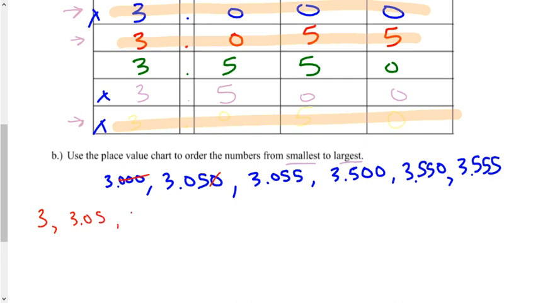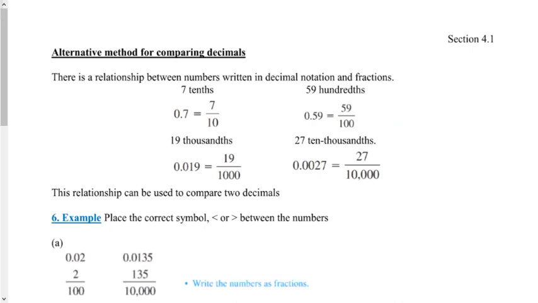Then that one comes next, nothing to scratch out there because there are no zeros on the back end. Oh, we've got to get rid of both of those, so that'll be 3.5 next. We have a 0 there to get rid of, so that's 3.55, and then nothing there. So this would be the order that I would write my answer down in.